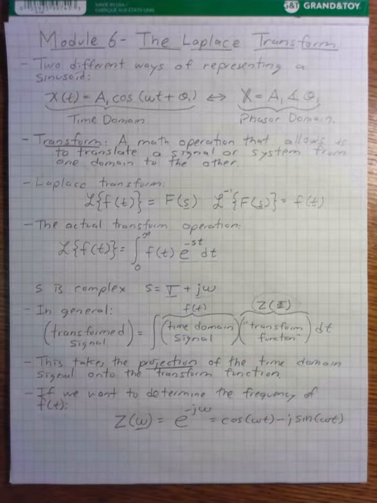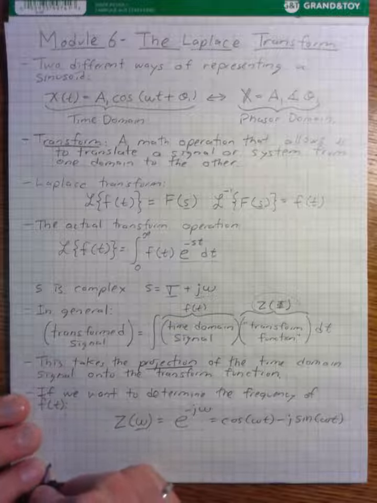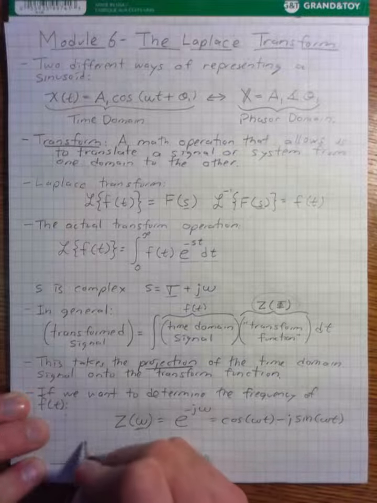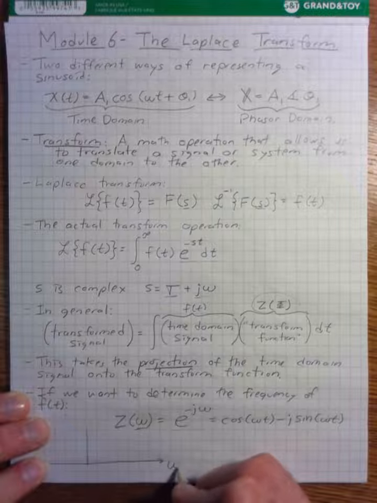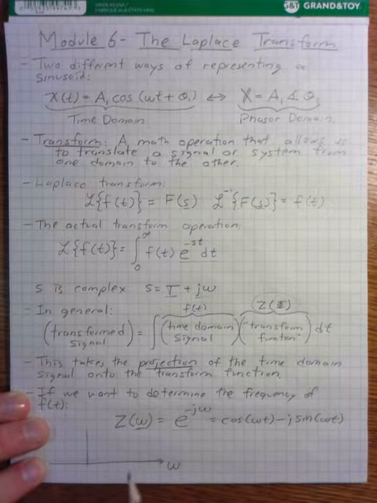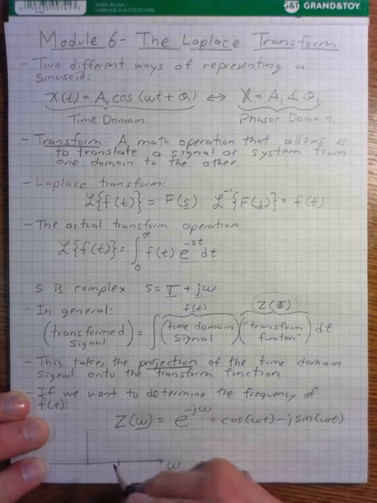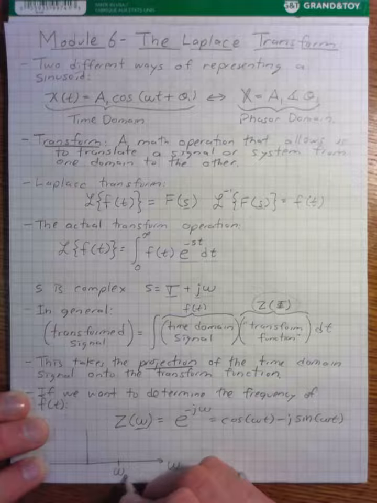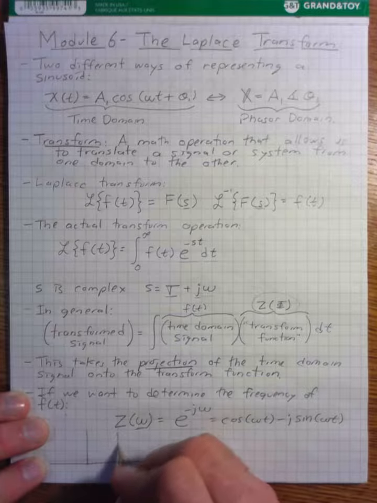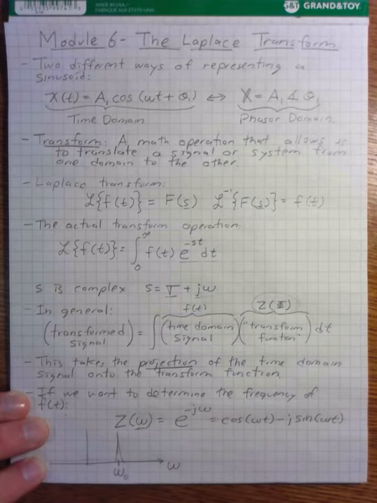The product is going to be large, and the integral is going to give us a large value. So we can imagine a plot where omega is our parameter, and as we sweep it back and forth, once we hit the oscillation frequency of our time domain signal, omega naught, we get a spike.